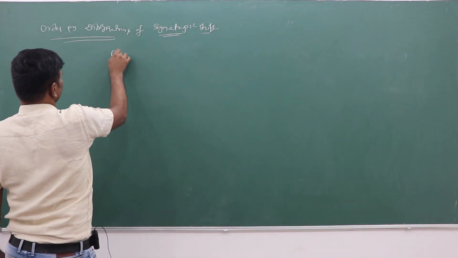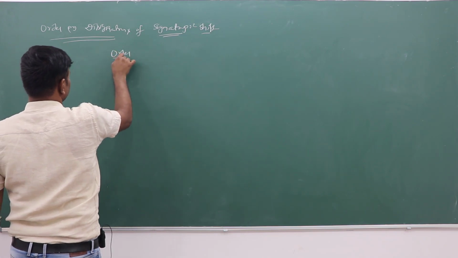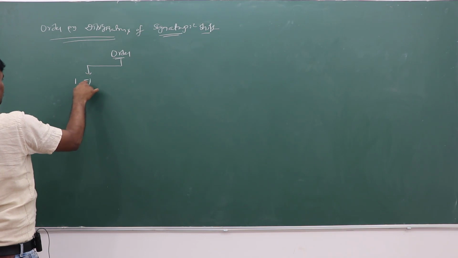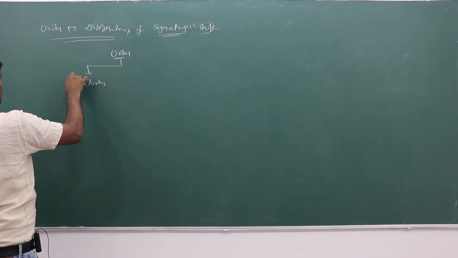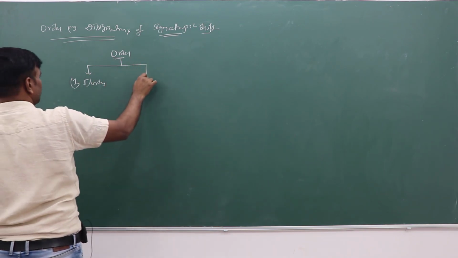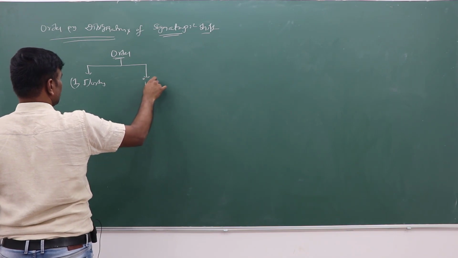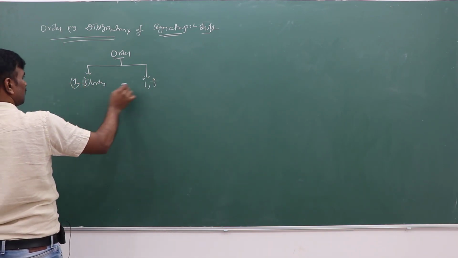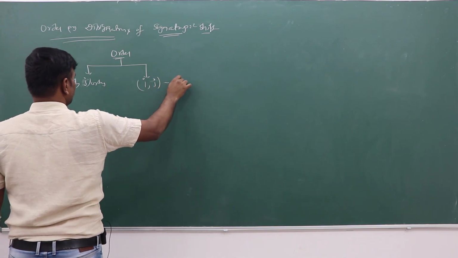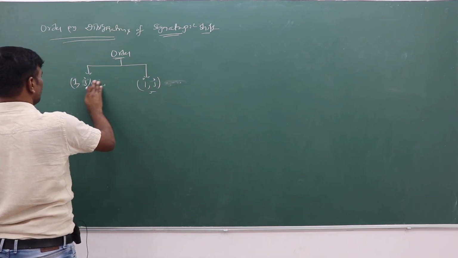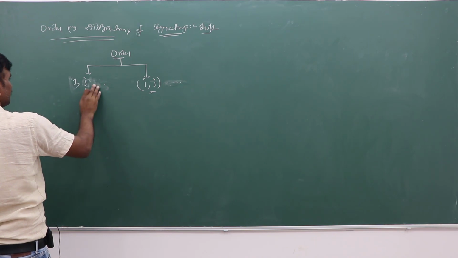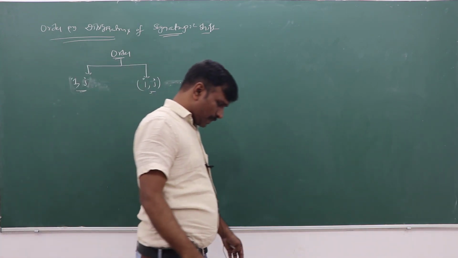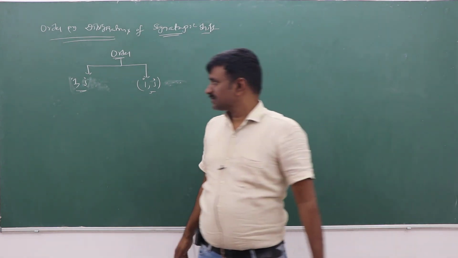One is the 1j order, and another one is the ij order. 1j order, ij order.